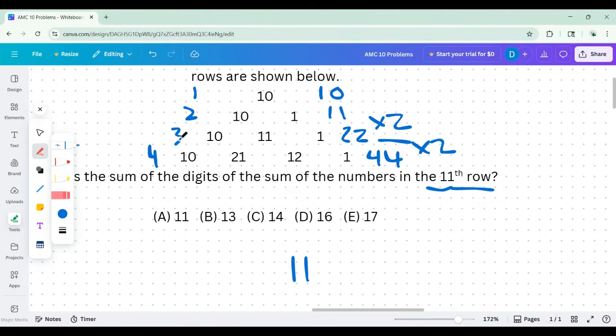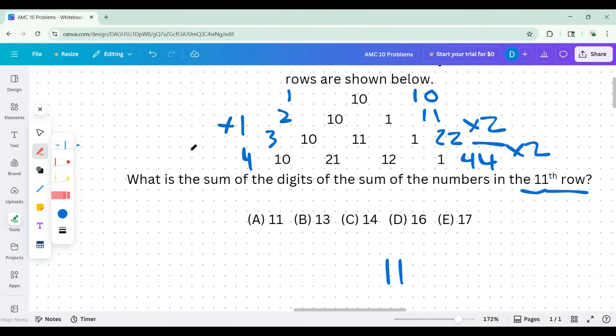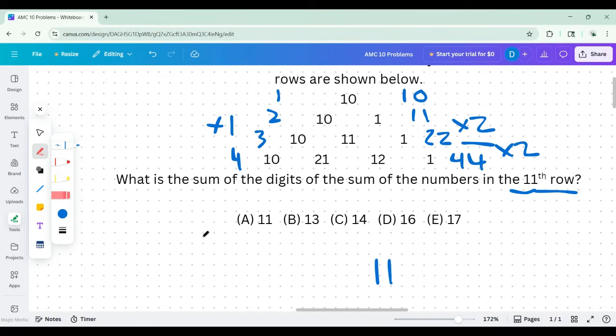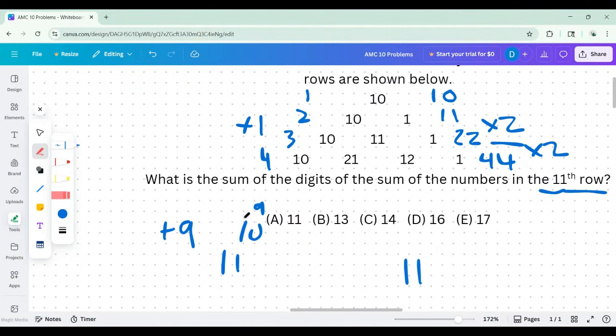And then to get the sum of the third row, we are just multiplying by 2. To get from the second to third row, we have to add 1 row. And if we did it with the 11th row, if we move down to 11 right here, 10 right here, 9 right here, we have to add 9 rows to get to the 11th row.